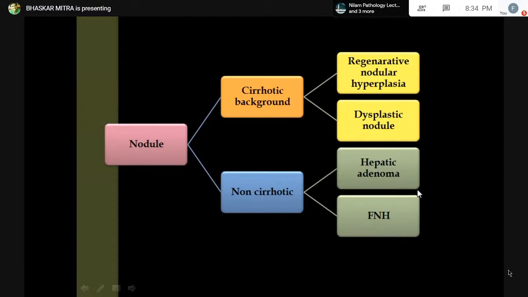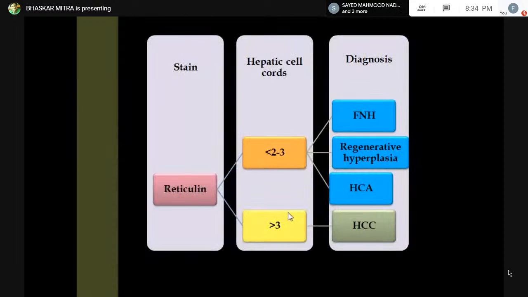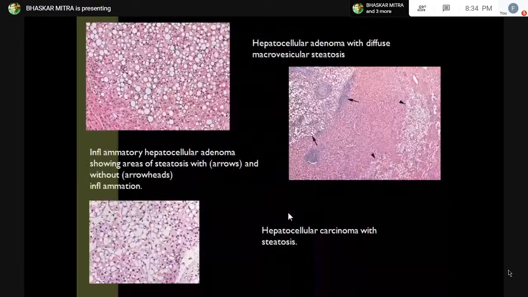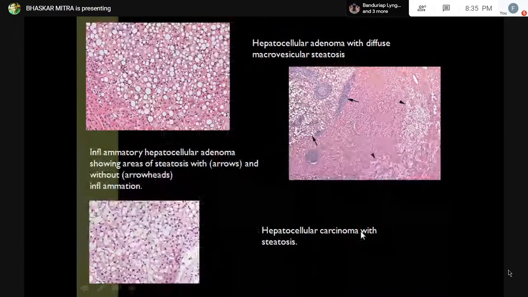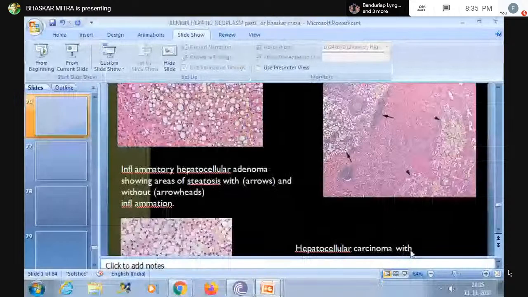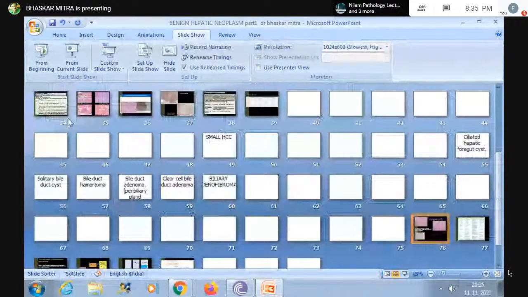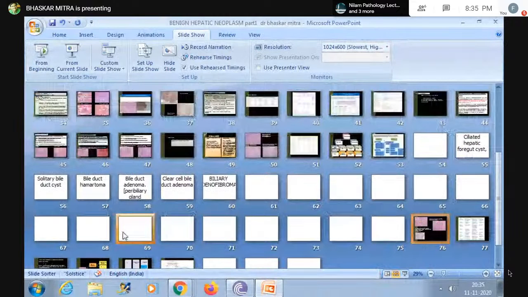So with these two different approaches, we can approach liver lesions, and for the biliary lesions, this one is more convenient.